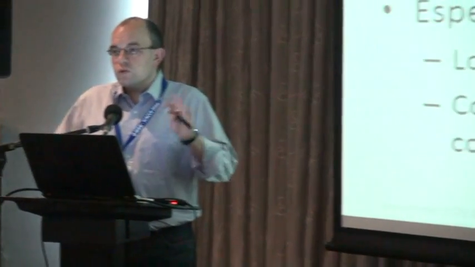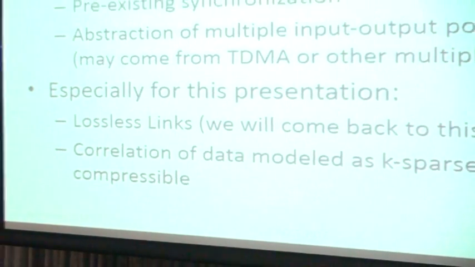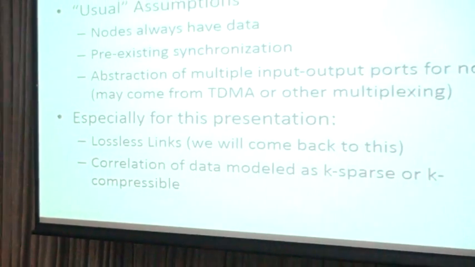In order to be able to tackle the problem of data gathering, we make some usual assumptions. So the nodes always have some data, so they measure continuously, and they're always able to send the data. There is some sort of pre-existing synchronization between the nodes. So that means there's really a network that has been established, and so we don't worry too much about having to synchronize these things.